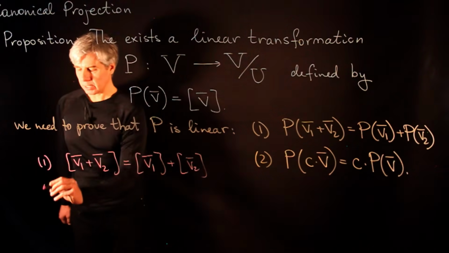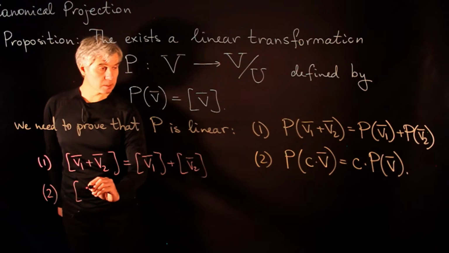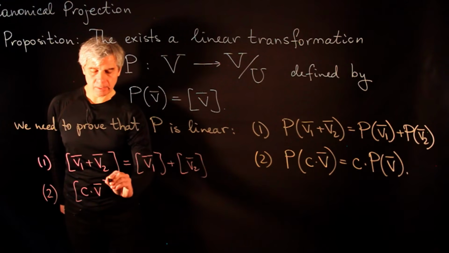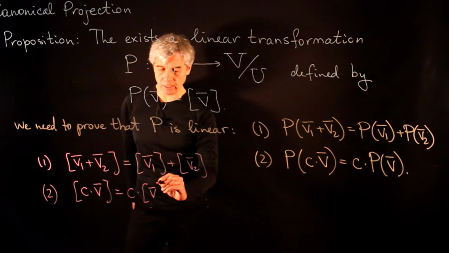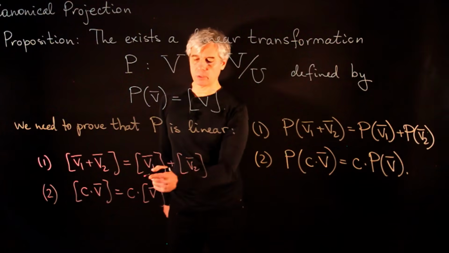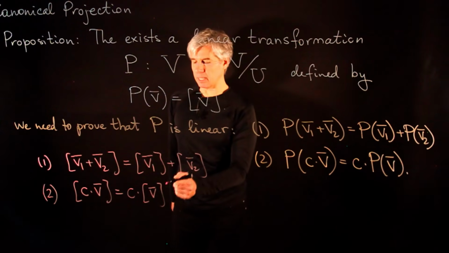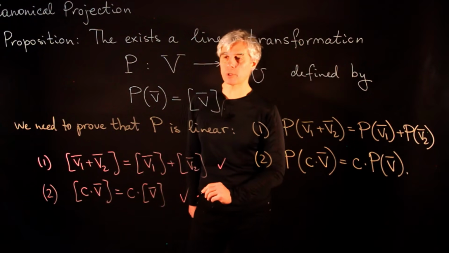And the second property now reads that the equivalence class of constant times V is equal to constant times the equivalence class of V. But these are just definitions of our operations. This is how we add equivalence classes and multiply them by scalars. And automatically, these two properties hold.